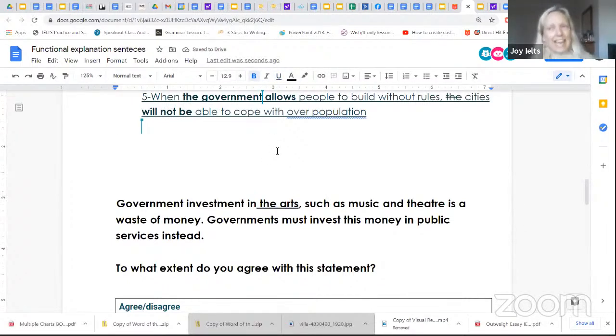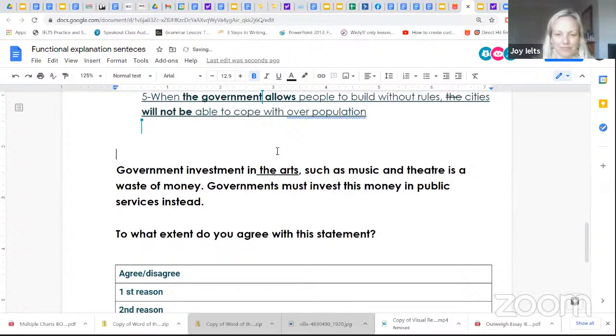The arts is anything creative like dance, theatre, music, whereas art without S, without the article, is simply visual art, paintings or things like that. Government investment in the arts, such as music and theatre, is a waste of money. Governments must invest this money in public services instead. To what extent do you agree or disagree?